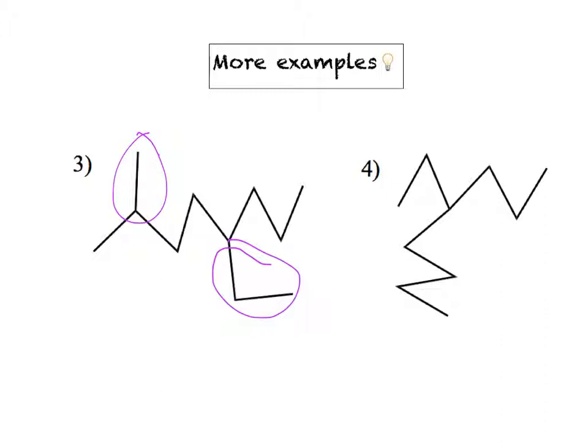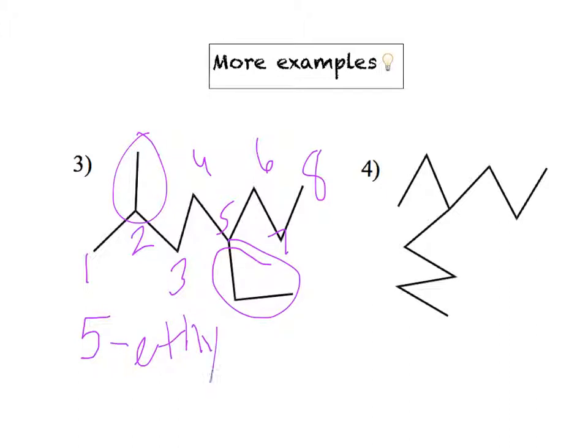After we number them and find out where they are located, 3, 4, 5, 6, 7, 8, we see that the methyl group is located at the 2nd carbon, and the ethyl group is located at the 5th carbon. However, the numbers do not matter, and we arrange them alphabetically. So it is 5-ethyl-2-methyl octane.